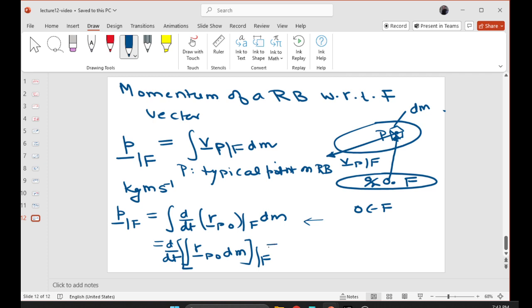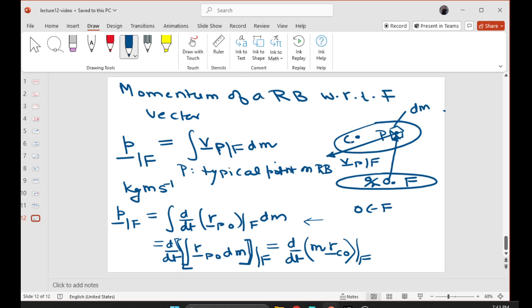The moment you do this change in the expression, we realize that what is inside the square brackets is basically the total mass of the RB multiplied by the position vector of the center of mass of the body.